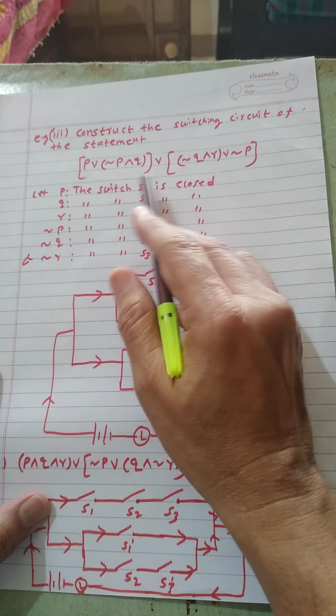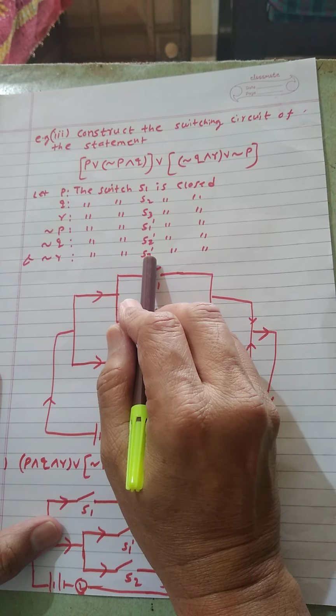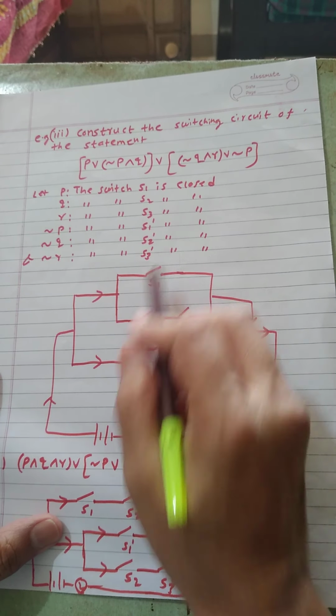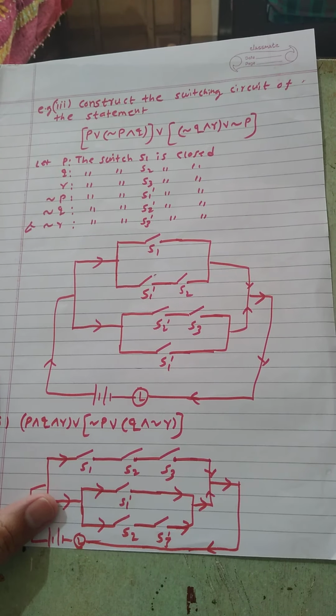Negation R is not there here, but I am explaining that when negation is there, S3 dash or S2 dash switches will be closed, opposite of the corresponding S1, S2, etc.